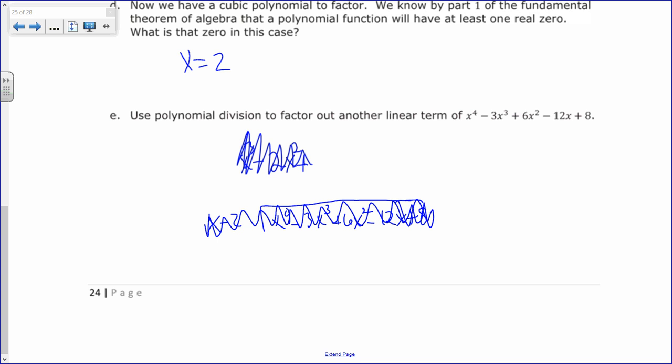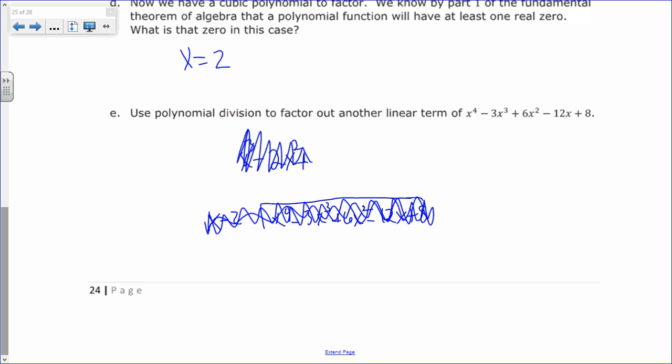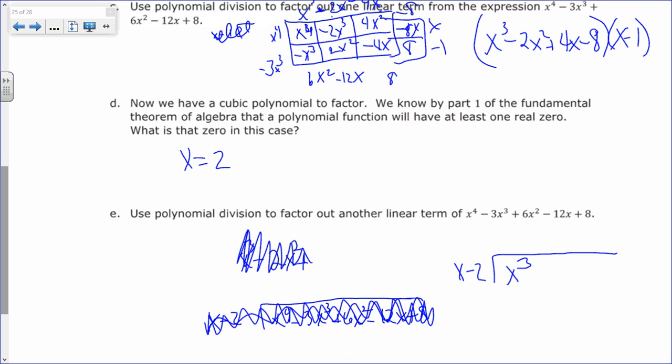Alright, I'm full of indecision tonight. I'm going back to my original plan. It's going to take too long if I do it the other way. x minus 2, and we'll do long division with x cubed minus 2x squared plus 4x minus 8.